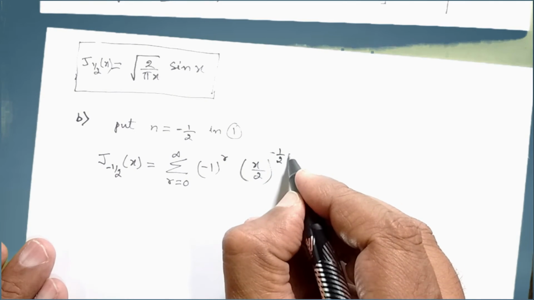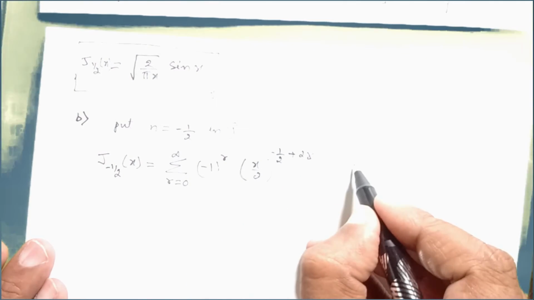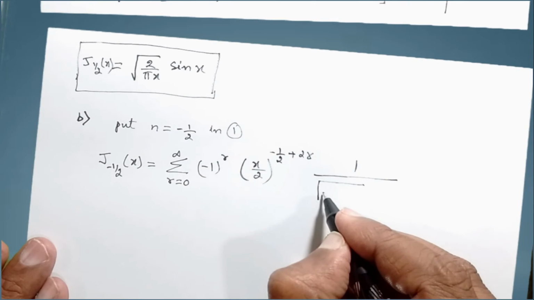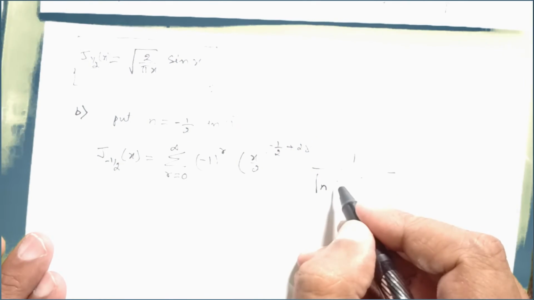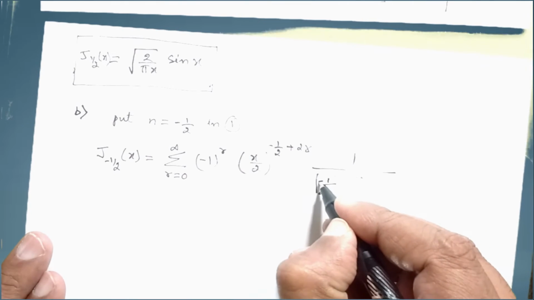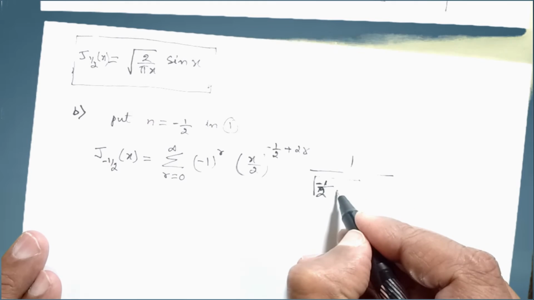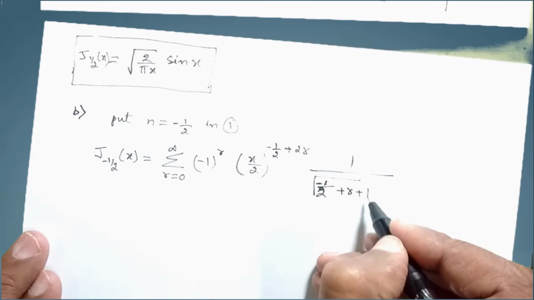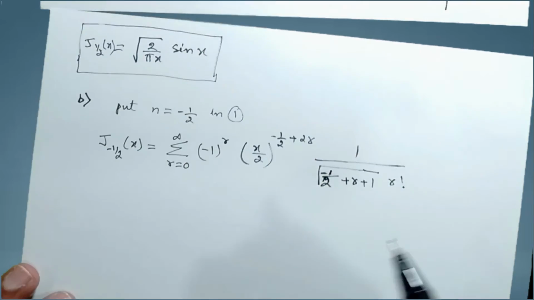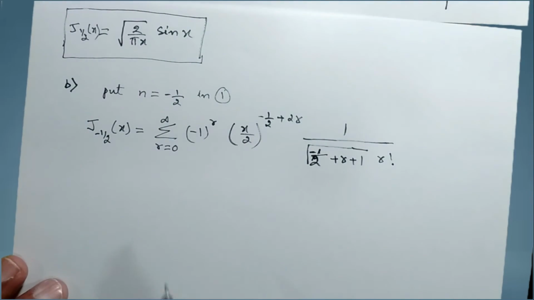So it is minus half plus 2r, into 1 by gamma of n, n value is minus half, so it is minus of half plus r plus 1, into r factorial. So just taking the value of n to be minus half.